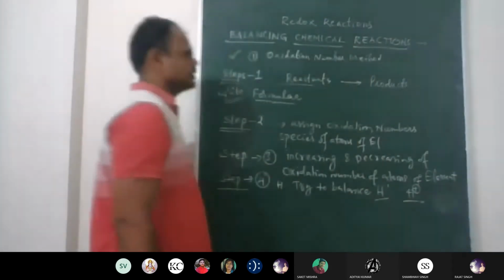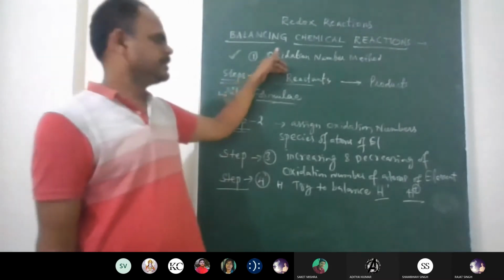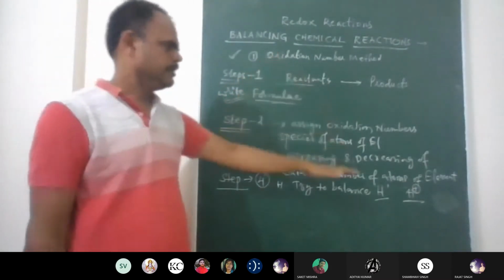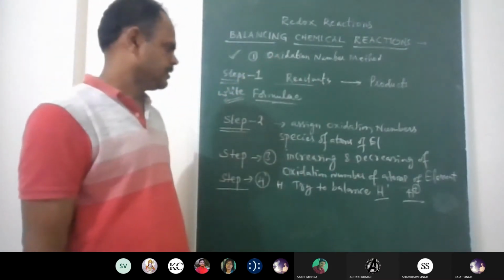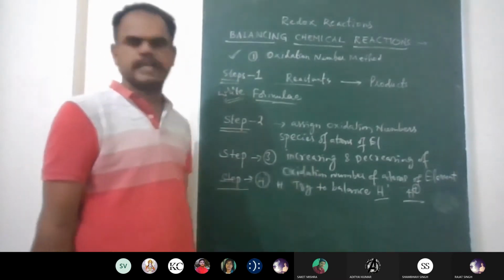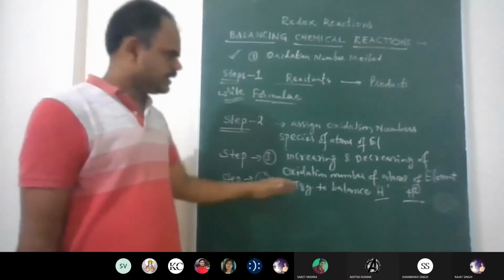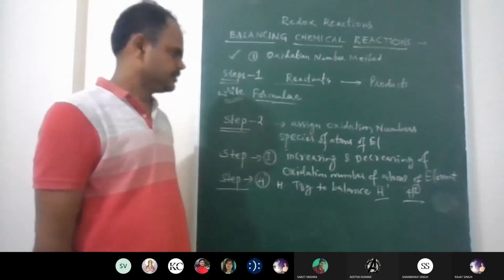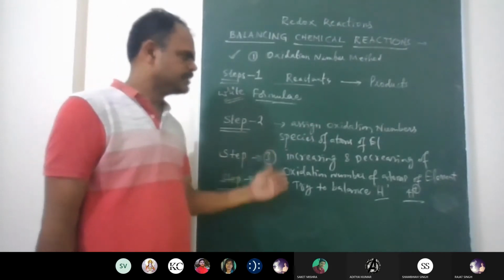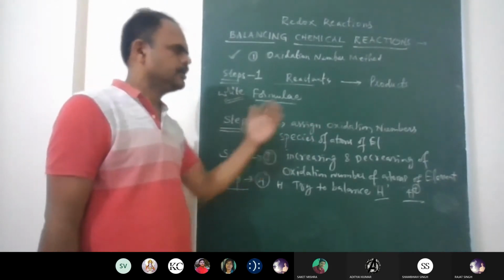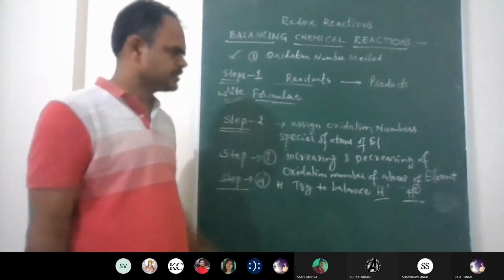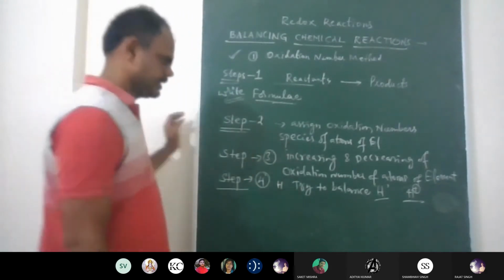If the reaction is happening in the acidic medium, use H plus ions for balancing the hydrogen atoms. And by using H plus ions, you will also balance the charges present on both sides.